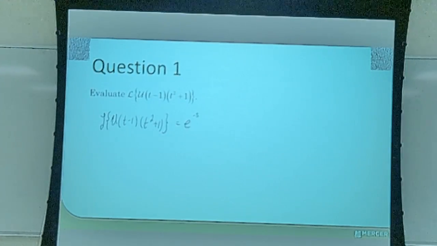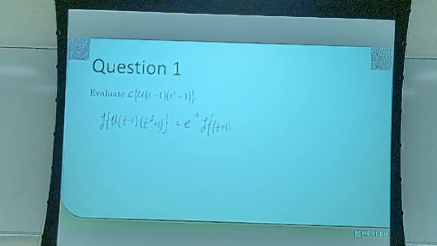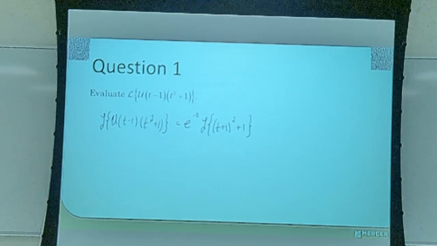So e to the negative s times the transform of that. No, I'm sorry, not plus 1, minus 1. G of t is t squared plus 1.